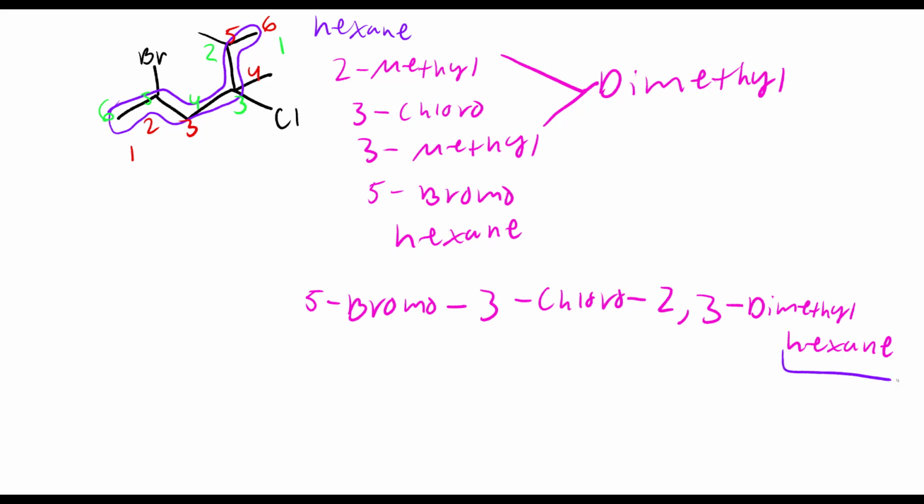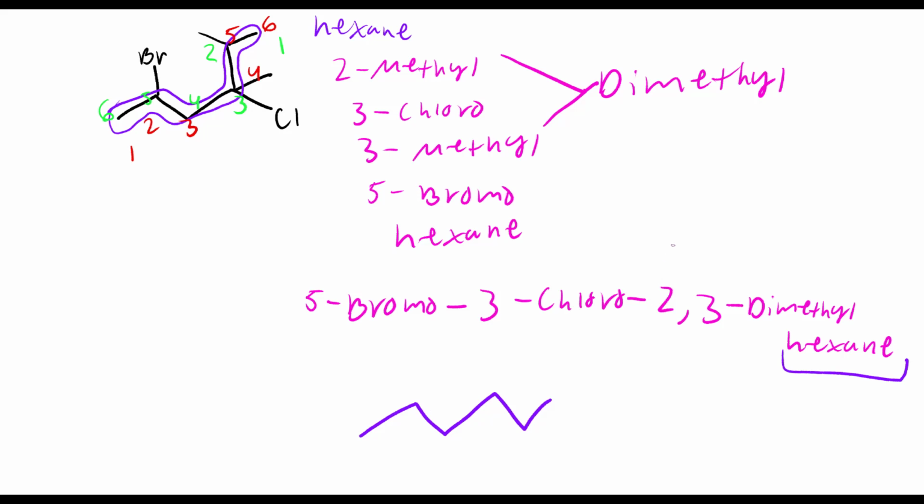Hexane means we have 6 carbons, right? So we have 6 carbons. 1, 2, 3, 4, 5, and 6. 2 and 3. Well, yeah, that's not really good, is it? It's not really good, but let's try to just do it anyway. So 2 and 3 means that there's something on the 2nd and 3rd carbon. So there's something here and here.